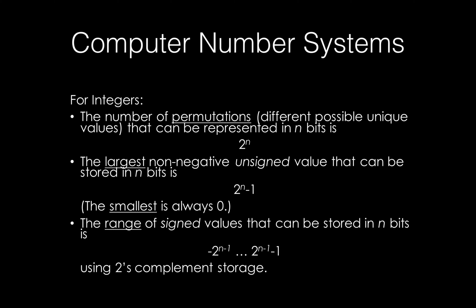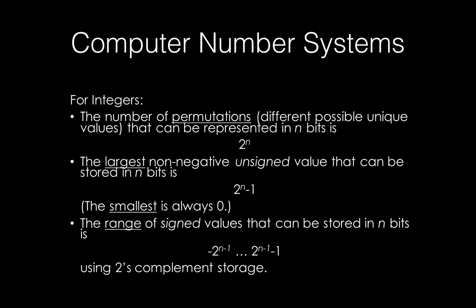The number of permutations, the different possible unique values that can be represented, is 2 to the n. And if you are talking about unsigned, the maximum value is 2 to the n minus 1, where n is the number of bits.